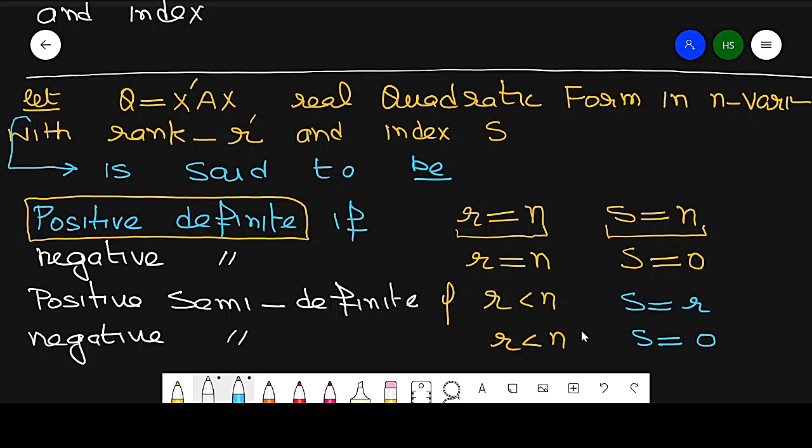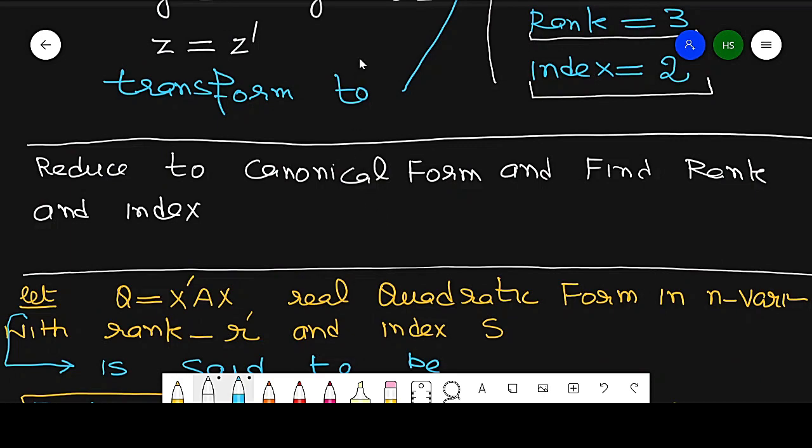Then we will find whether this quadratic form is positive definite, negative definite, positive semi-definite or negative semi-definite. This is a very important type. It will be asked as: show that the given form is positive definite or negative definite. So let's go through the previous question.